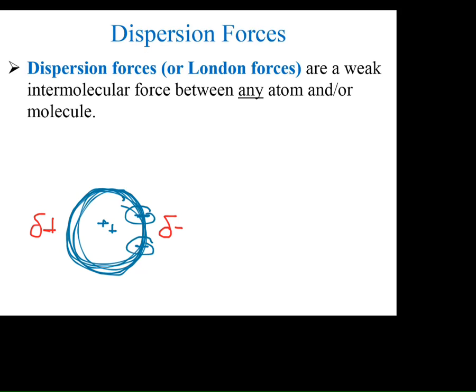But in that split second, I have created what's called an instantaneous dipole, because in that instant, there is a dipole. It happens for a nanosecond, so just there and gone.